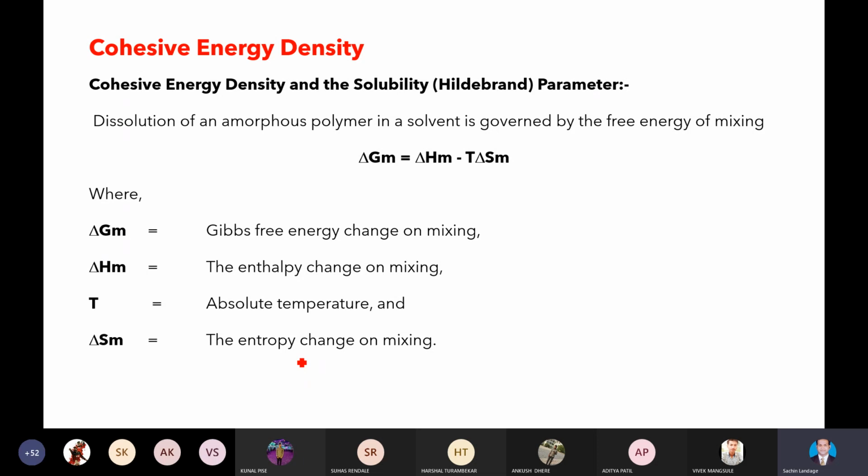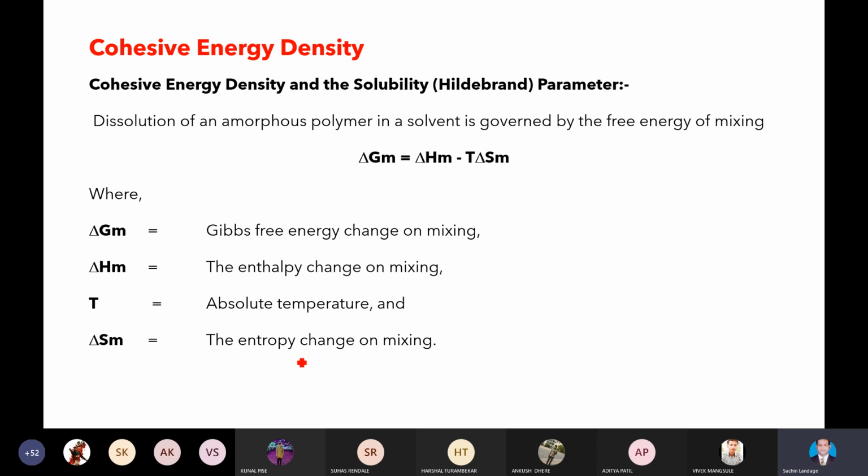Endothermic means heat absorbing. Excellent, exactly. And if this value is negative, it means exothermic. Yes, exactly, the reaction is exothermic.